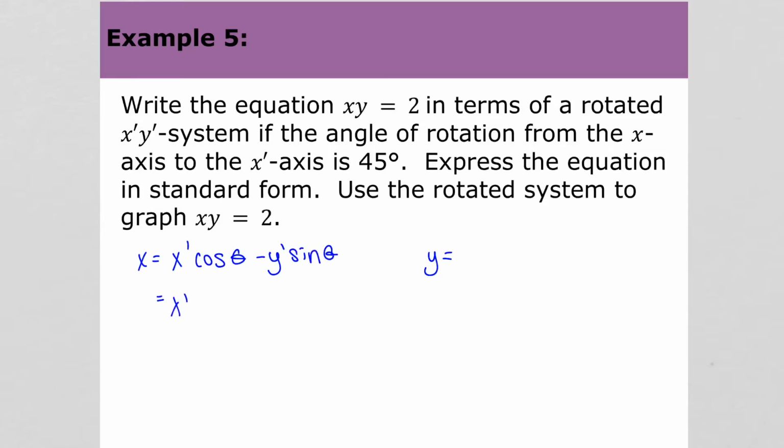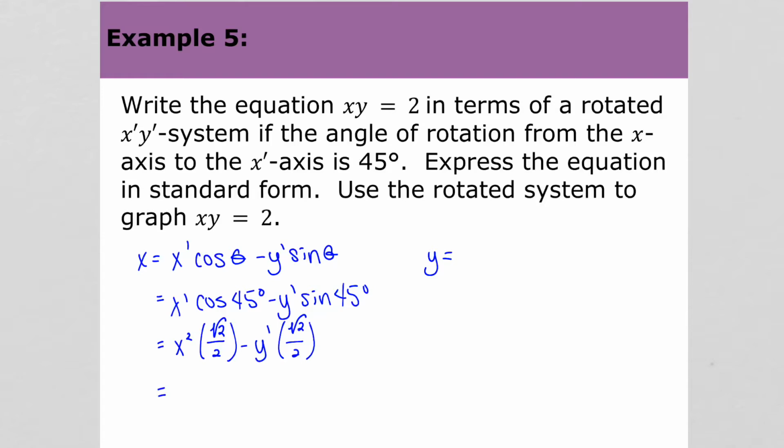So that would be x prime cosine of 45 degrees minus y prime sine of 45 degrees. What is cosine of 45 degrees? It's root 2 over 2. And sine of 45 degrees is also root 2 over 2.